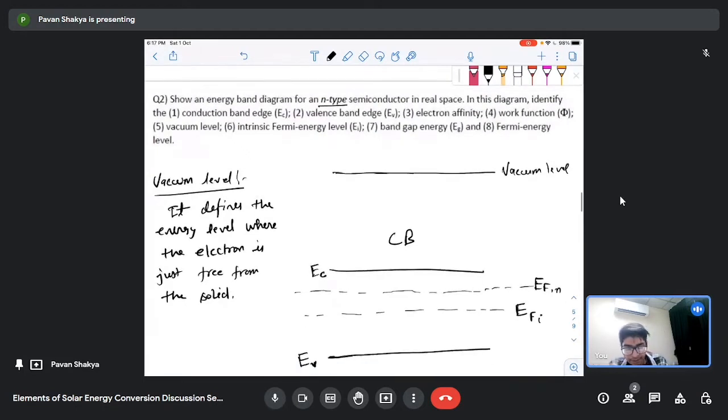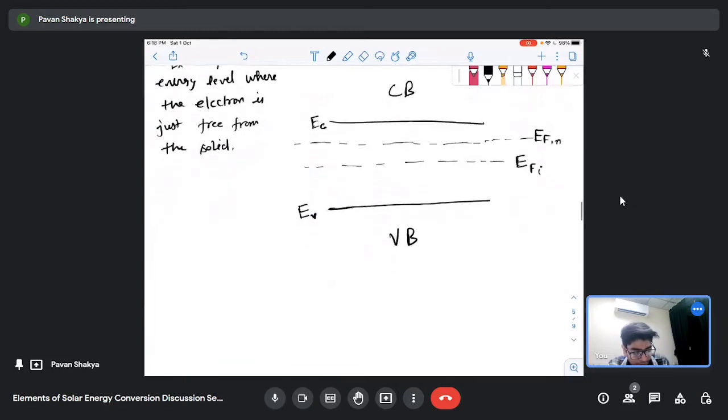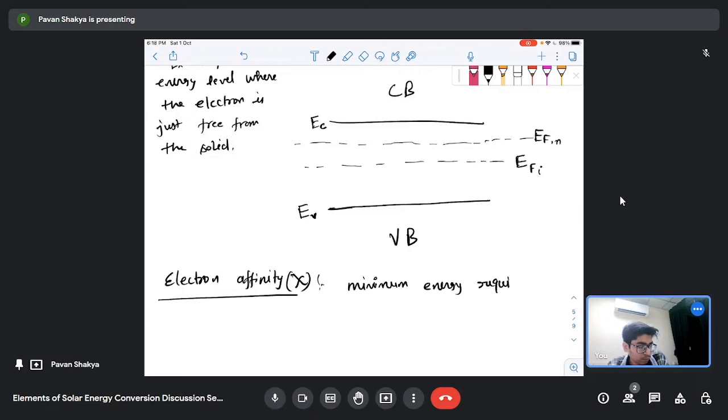Okay, so now I can represent the electron affinity. Let me first write the definition for this. It is defined by the symbol chi. So it is the minimum energy required to remove an electron from the semiconductor.